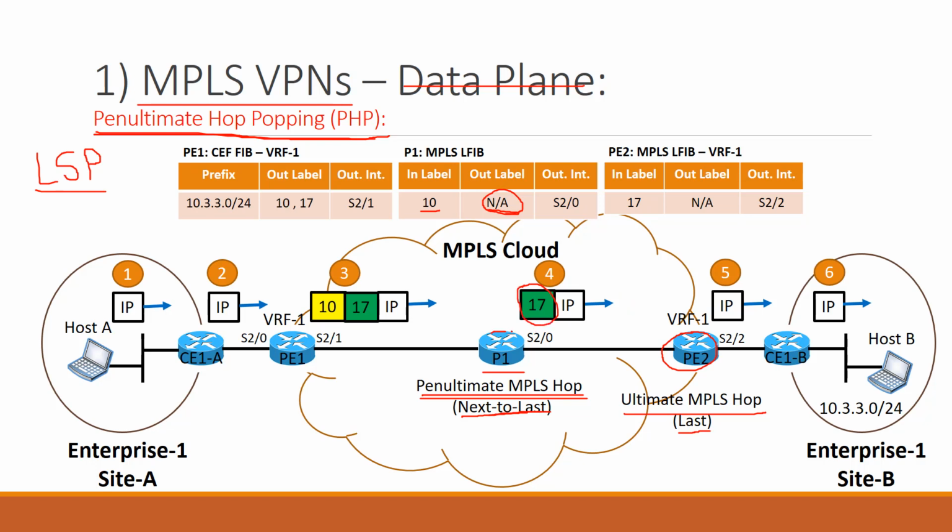This last hop will do only one lookup for the inner label, check its MPLS label forwarding information base and find a matching entry, and take the action of removing the label in this case, and send an unlabeled packet out of serial 2/2.